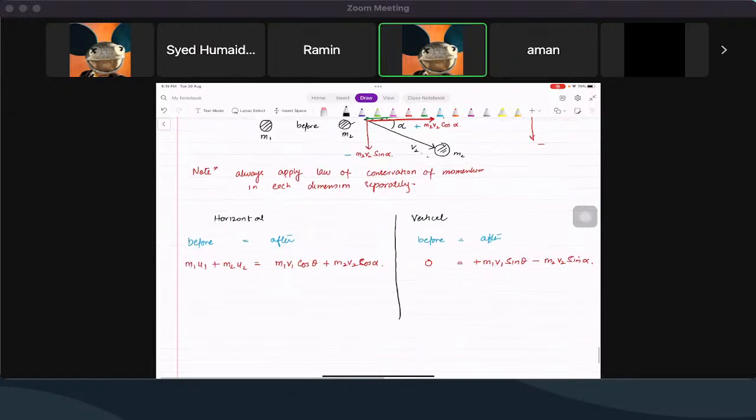And now remember that for resultant momentum, use the Pythagoras theorem, which means that the resultant momentum will be equal to the square root of momentum in horizontal direction squared plus momentum in vertical direction squared.